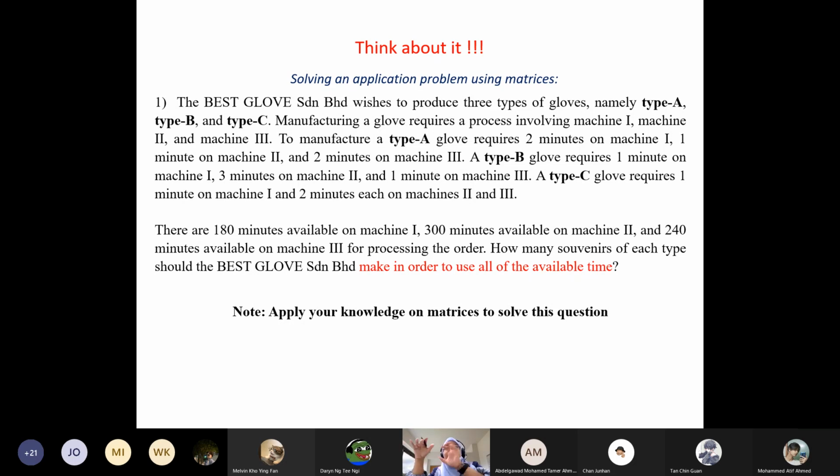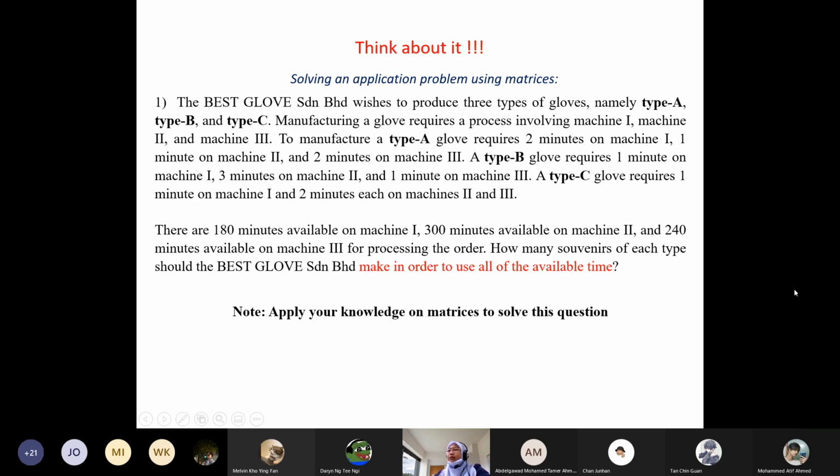Every engineering and mathematics are related, and the same goes for matrices. Matrices are used a lot in computer engineering and software engineering.